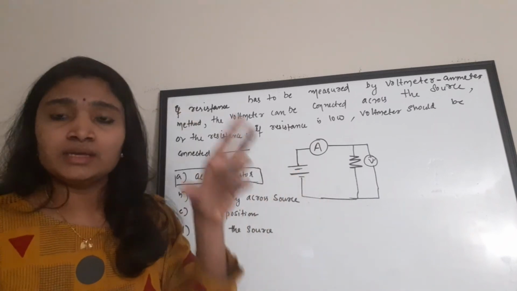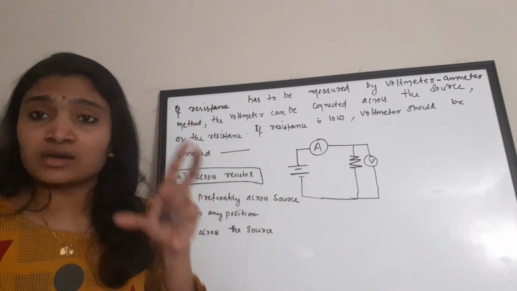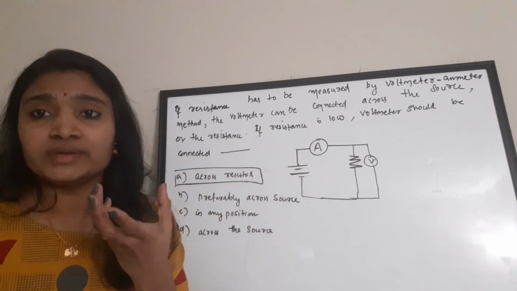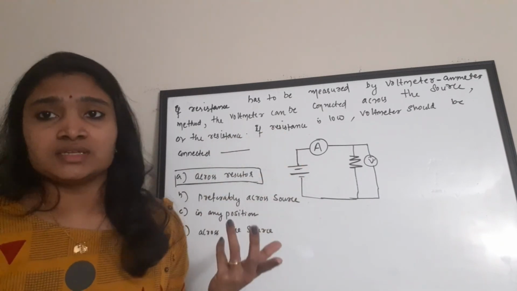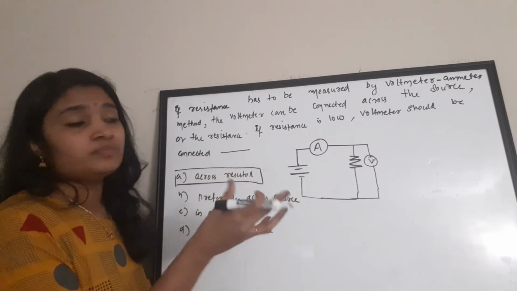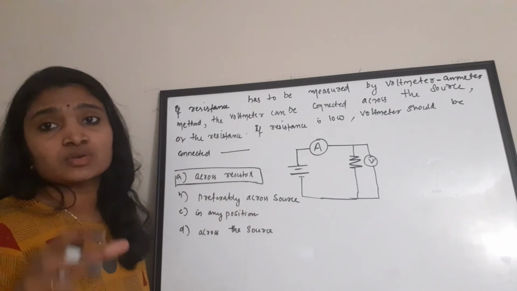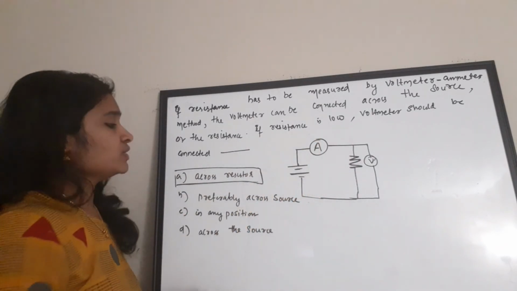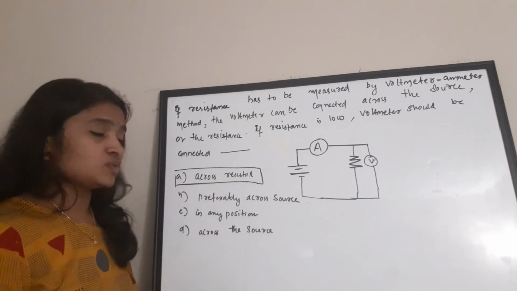So for that we place the voltmeter in parallel, across the resistor, so that we can find out the voltage, and then we have the total current in the circuit, so we can find out the resistance value. So this is how we can find the resistance value. Since the value of resistance is also low, we have to connect it across the resistor. So the correct answer here is option A, that is, across the resistor.